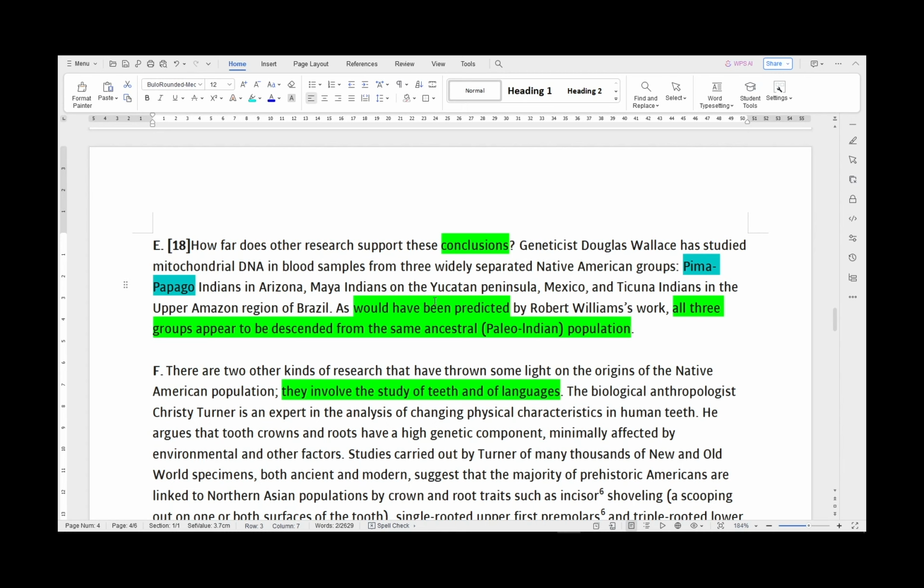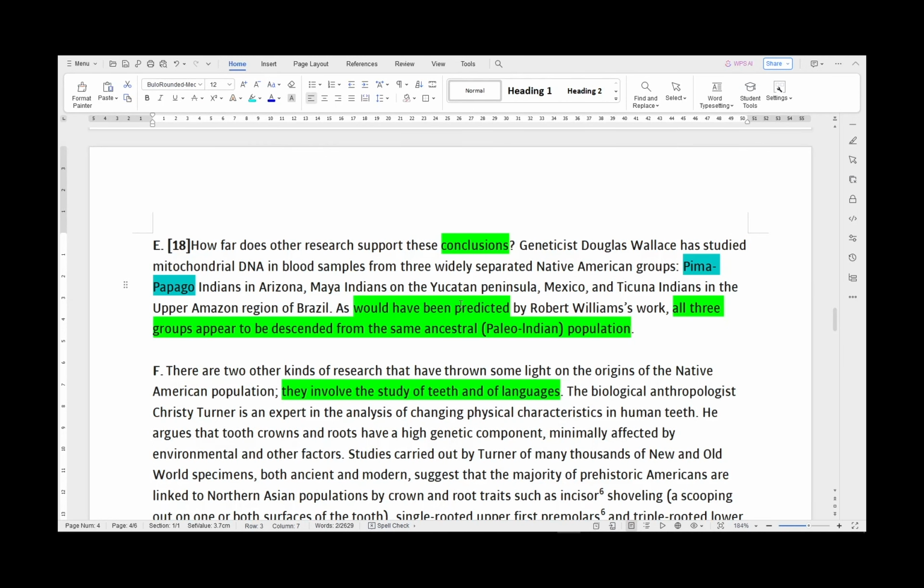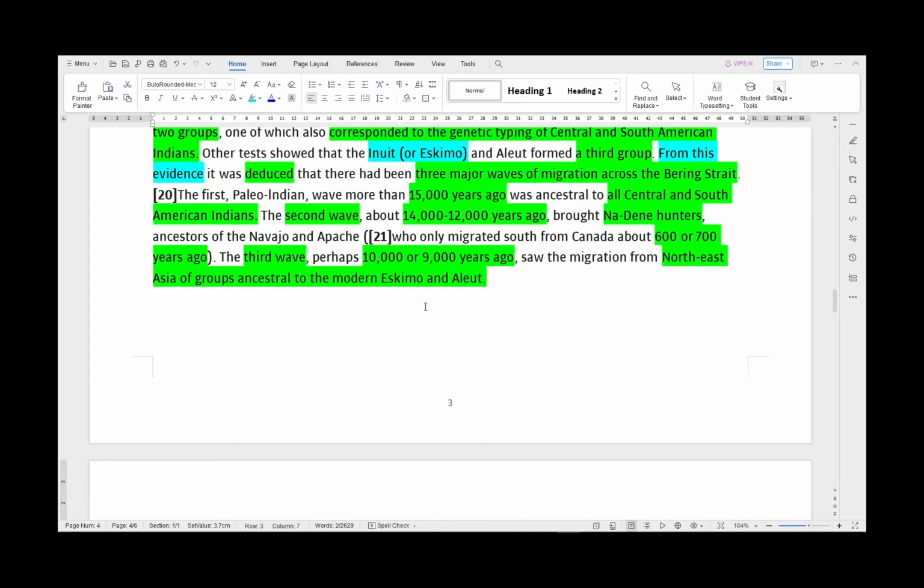Geneticist Douglas Wallace has studied Pima Papago Indians, Maya Indians, and Ticuna Indians. All three groups appear to be descended from the same ancestral Paleo-Indian. And we know from section D that this population was the first wave.